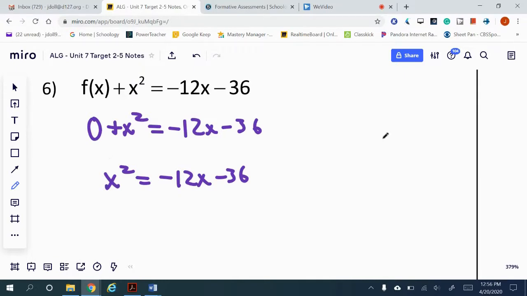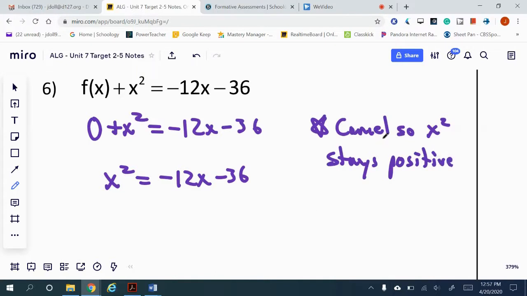So how can we take this equation and write it so that one side of the equation is 0? Well, pretty easy. We just need to cancel out completely one side. I would always recommend, guys, that you cancel so that x squared stays positive. You don't have to do that. I am saying this makes the problem a little bit easier.